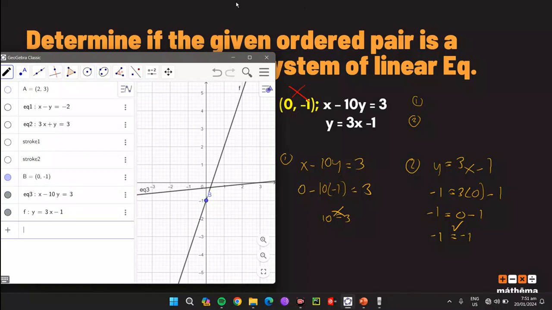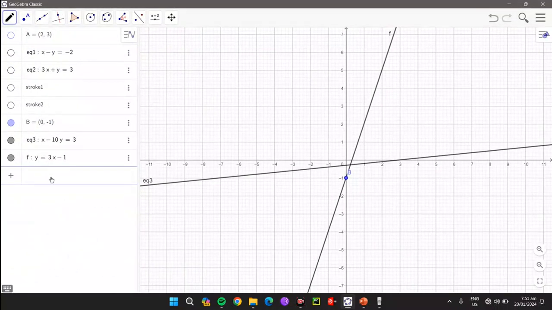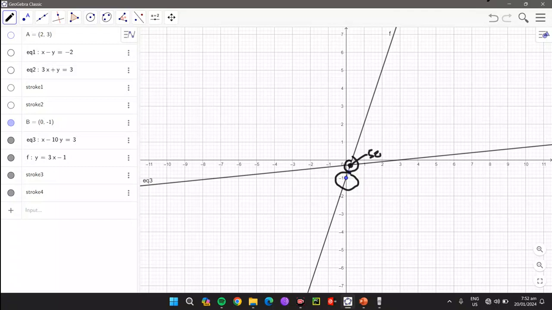Now, I want us to remember that earlier, the point 0 and 1 is actually a solution to our other equation, right? So we can see here that it is on the line, but this point is not the intersection of the two lines. This point is the solution of the linear equation, but not of the system.